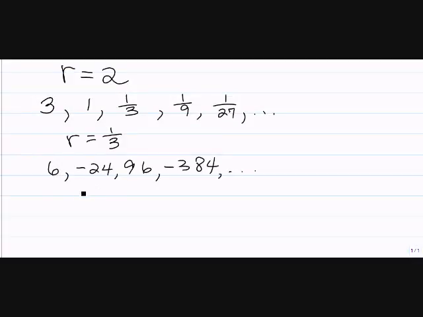If I have a geometric sequence, then any number in the sequence times that R, that ratio, has to equal the next number. So I'll go 6 times R equals -24. Divide by 6, and that common ratio is -4.